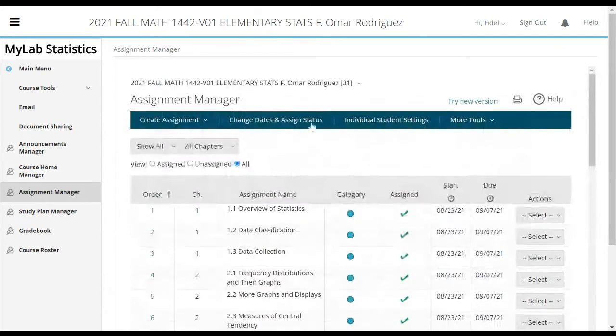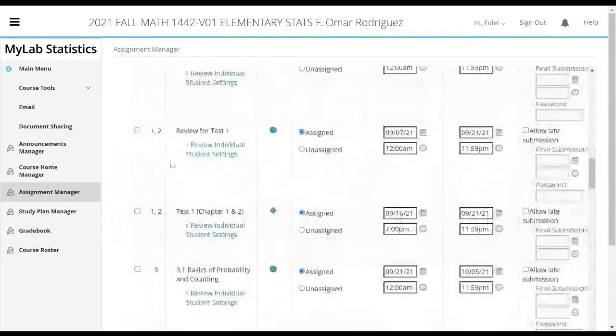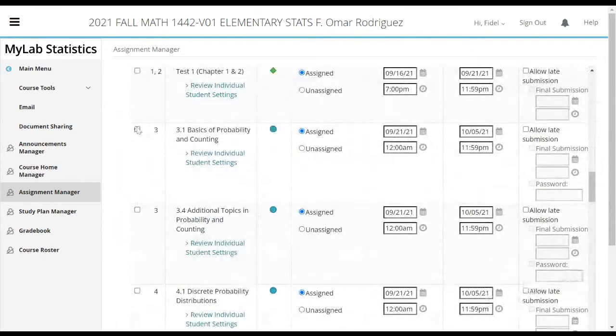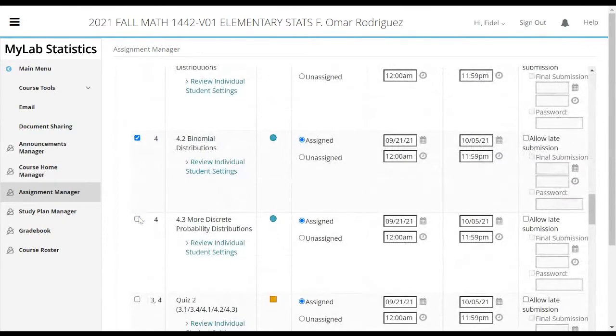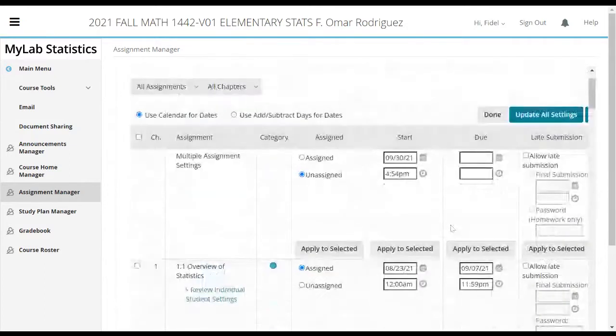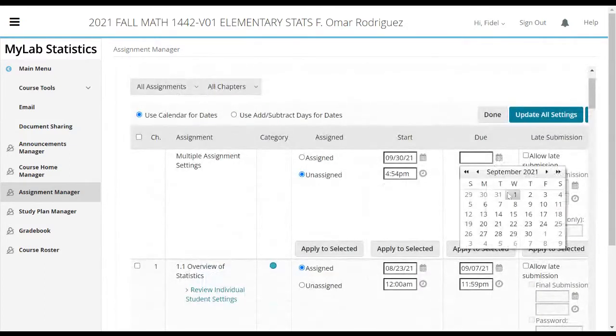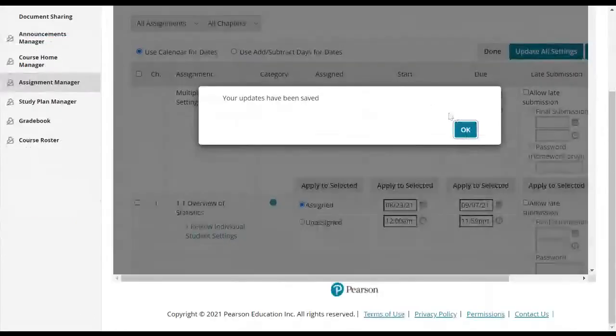So I'm going to change those so that they're due by next Thursday, and then I'm going to send out a message on Pronto letting everybody know that I've extended these deadlines. Here we go, and we're going to make these all due a week from today, which is Thursday. Selected. Let's see. Update it.